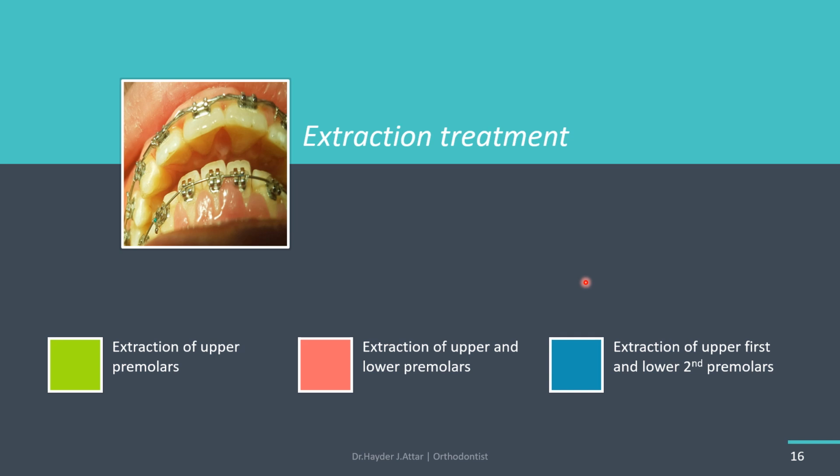And the mechanics or approach used to correct the overjet and class 2 in extraction treatment is mostly either a fixed orthodontic appliance or, in mild cases, a removable orthodontic appliance.